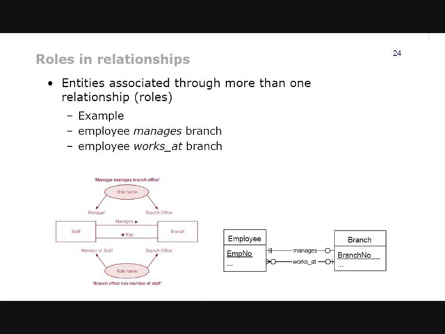So I have that the employee manages 0 or 1 branch, and the branch is managed by an employee, and at the same time the branch has many employees, or an employee works at a branch. Many employees work at a particular branch. So I have two different relationships connecting two entities. So I can have more than one relationship between two entities because there are different roles there. Okay? Are we happy with that as well?